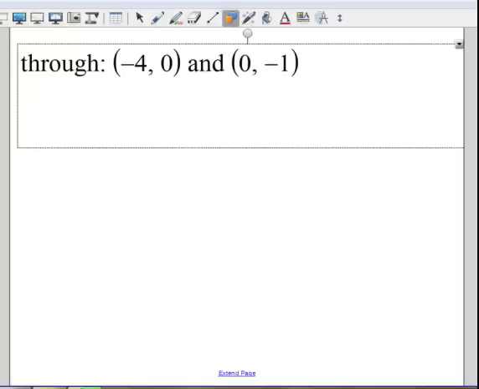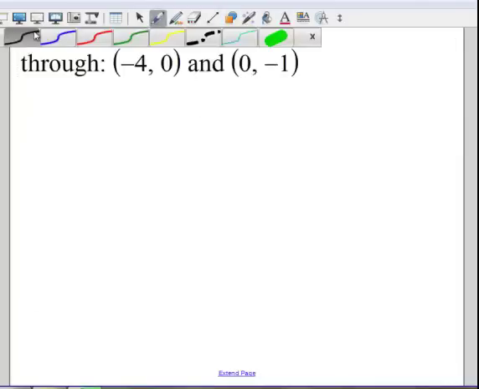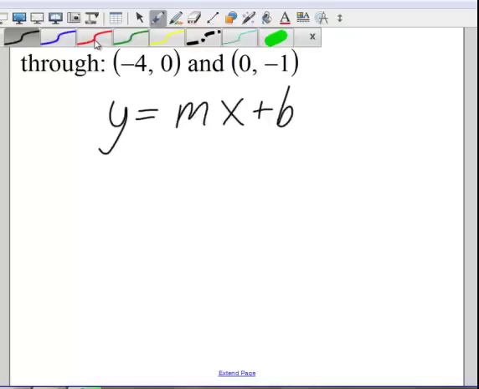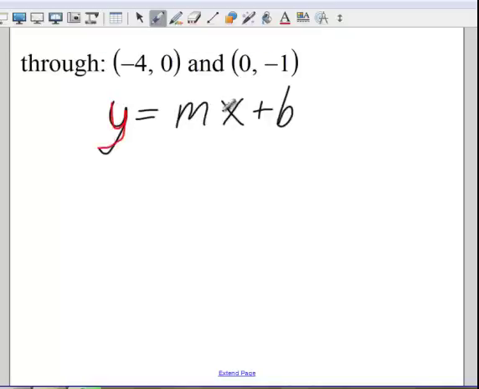Okay, last problem, or last objective, is when we have 2 points. Well, we have 2 points, and again, our objective is we want to put it in y is equal to mx plus b form. So I know that my final formula is going to have a y, and an equal sign, and a plus.